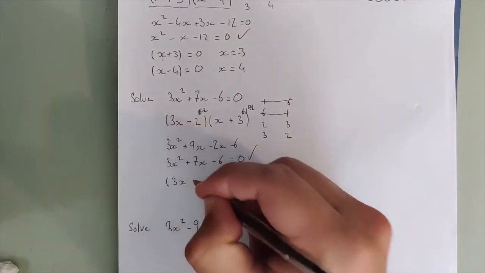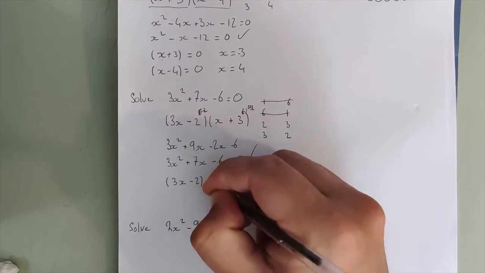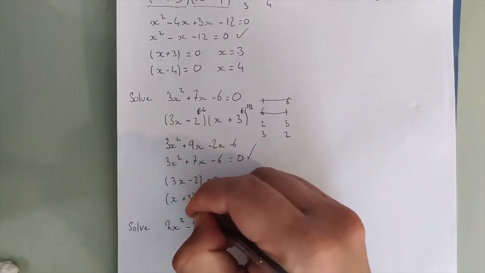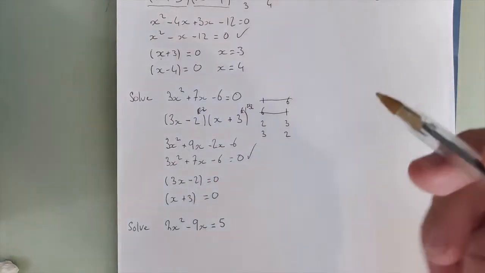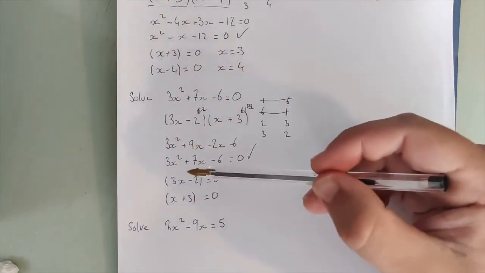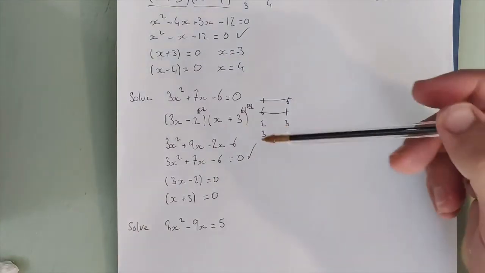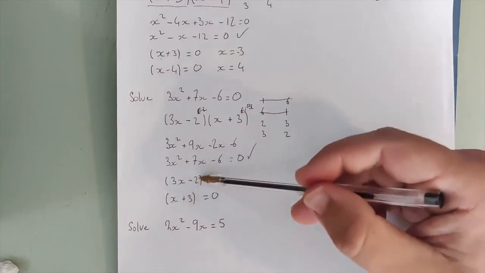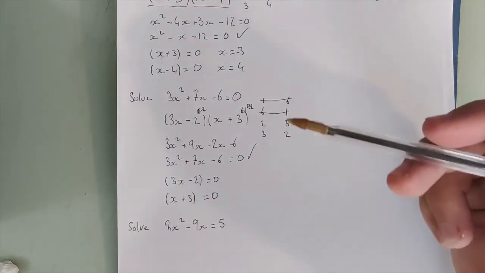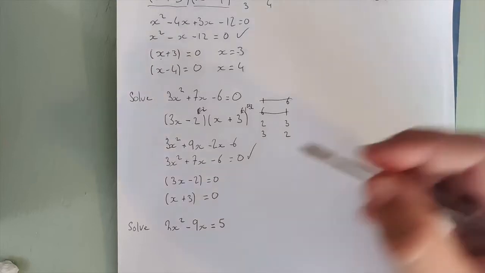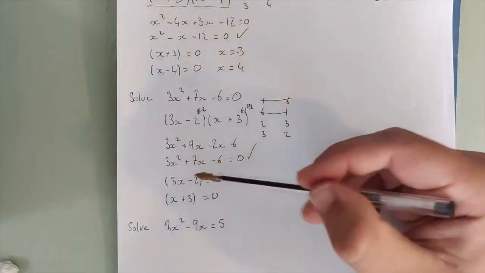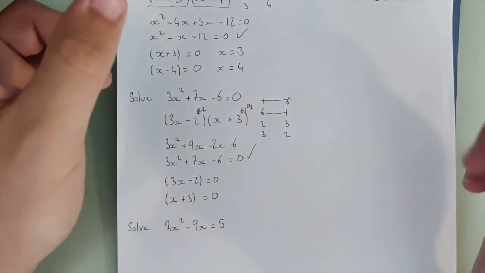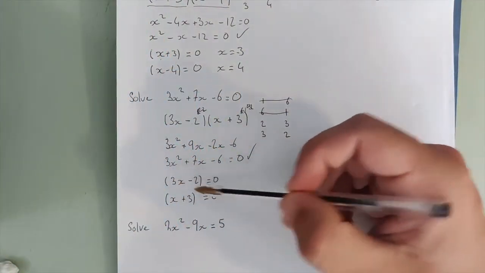And the reason we know that 3x minus 2 equals 0 and x plus 3 equals 0 is because something times something equals 0. You know that one of them has to be 0. I'm not sure if that makes sense, but because something times something equals 0, this thing has got to be equal to 0.